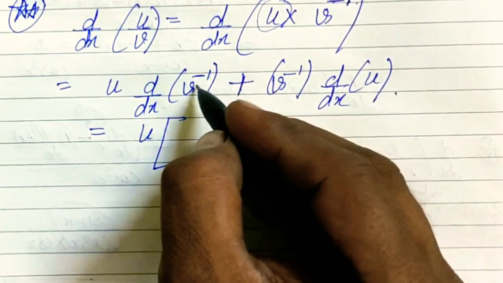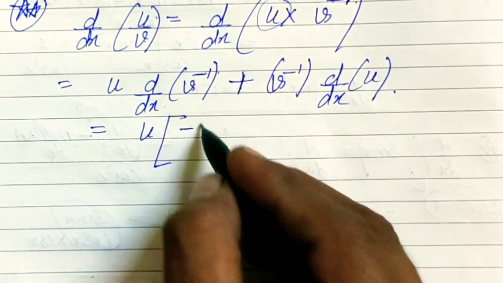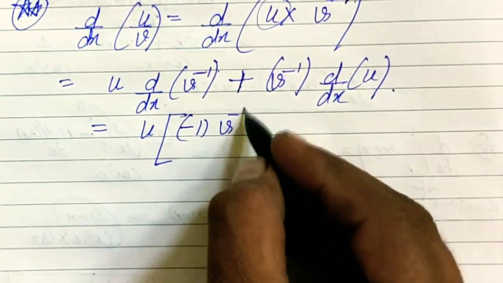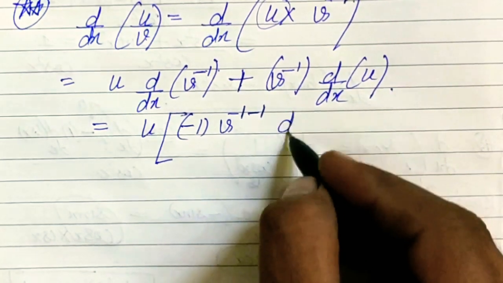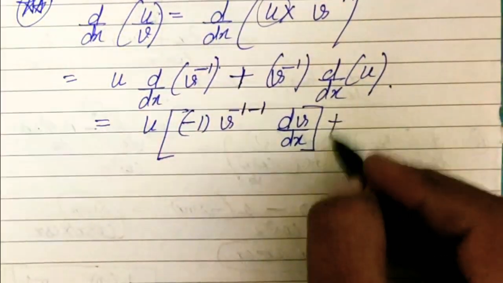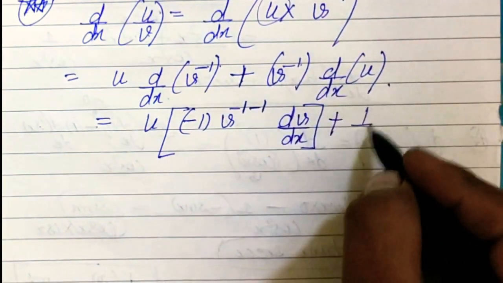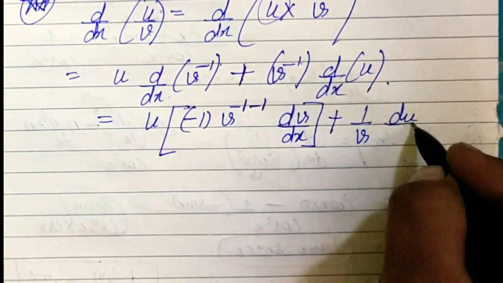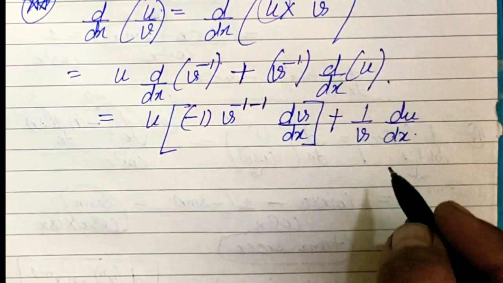Now it will result in this. Again we'll apply the formula. The function is raised to the power minus 1, so take the power outside, decrease the power by 1, and then differentiate the function without the power, and then v to the power minus 1 is 1 upon v, and here it is du by dx.